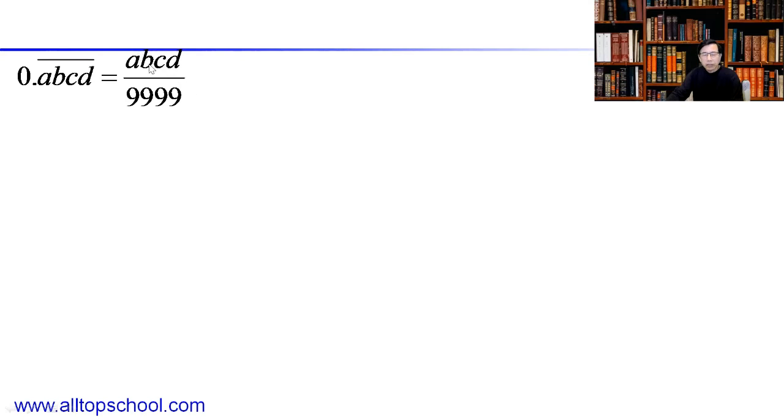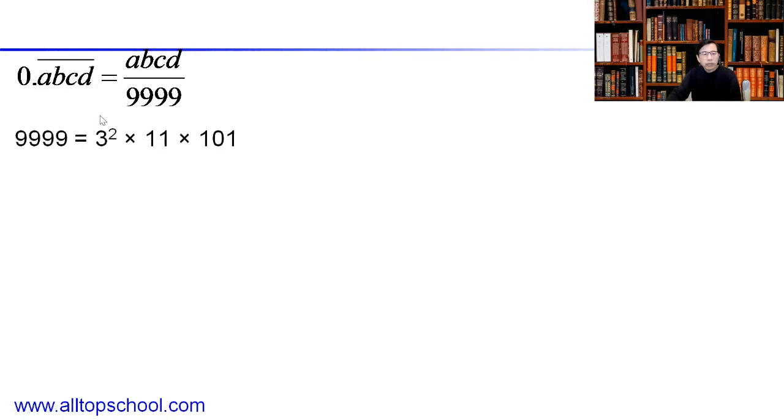Certainly, ABCD is not the one we're going to count, because these numbers may have a common factor with 9,999. So we just count those numerators which qualify for the reduced fraction, not the original fraction. We have to take that into consideration.